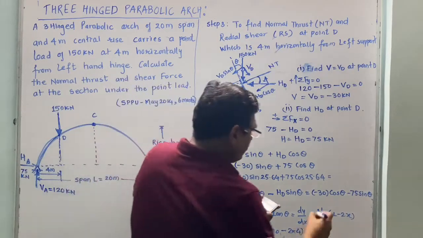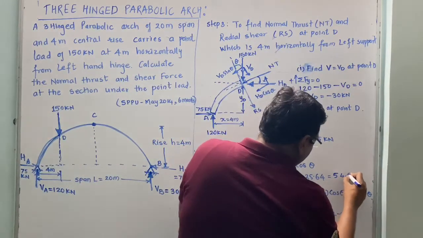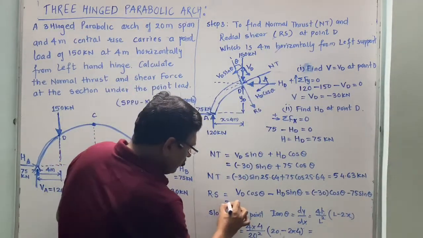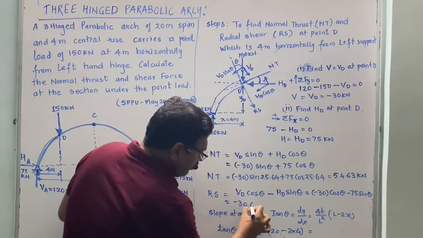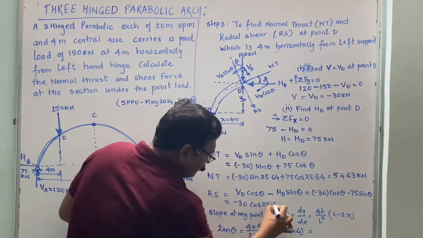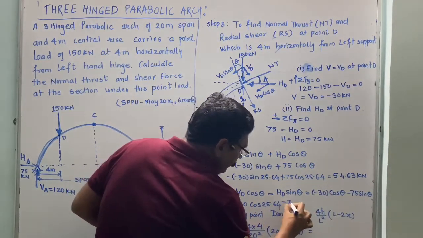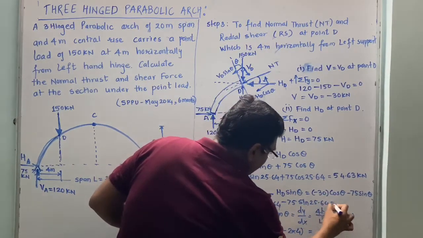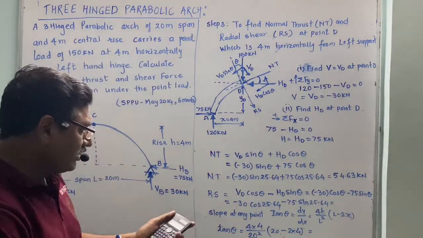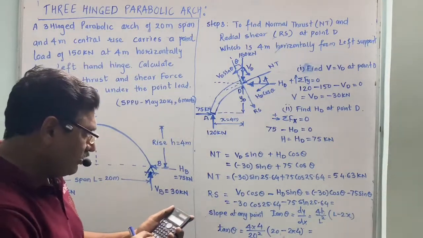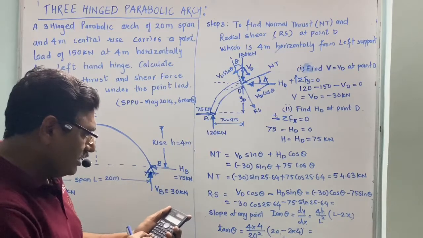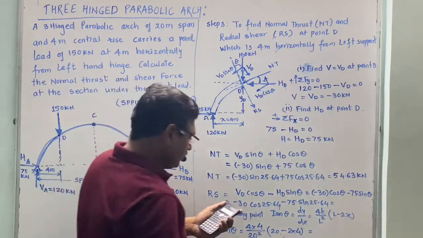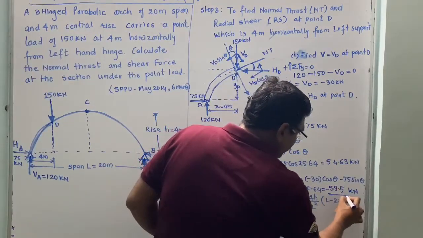I am getting the answer 54.63 kilonewton. Now for the next: minus 30 cos of 25.64 minus 75 sin of 25.64, and the answer is 59.57.